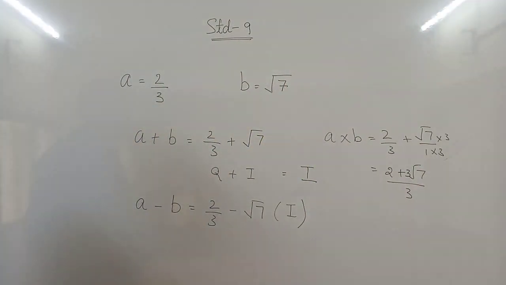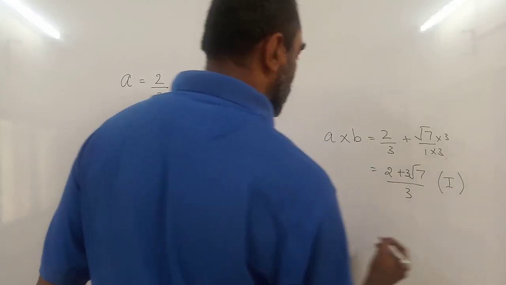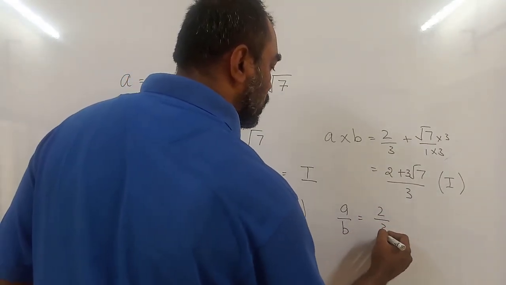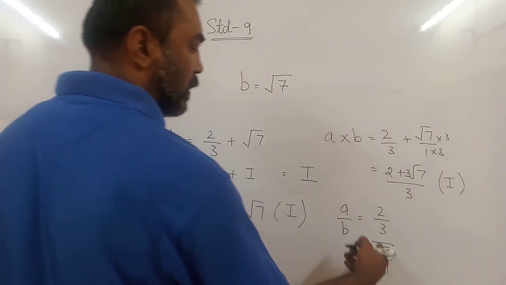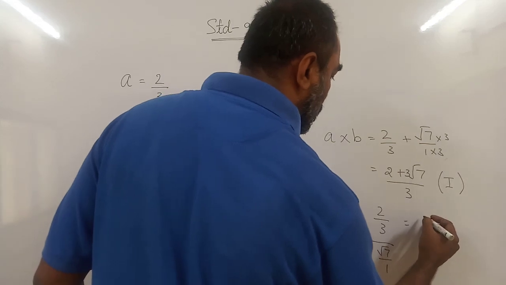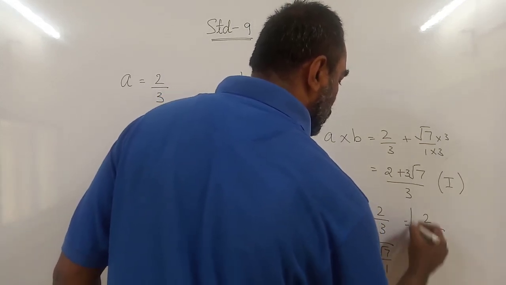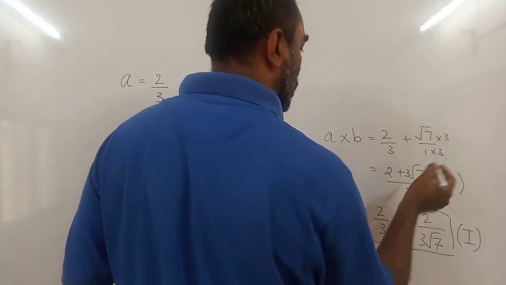This is the form we write, but we still get an irrational number. And if you divide A by B, that means 2 by 3 divided by root 7 upon 1. I write upon 1. When it goes down, it becomes 2 upon 3 root 7. So this is the form I write, and it is still an irrational number.